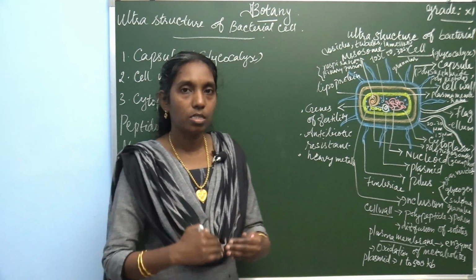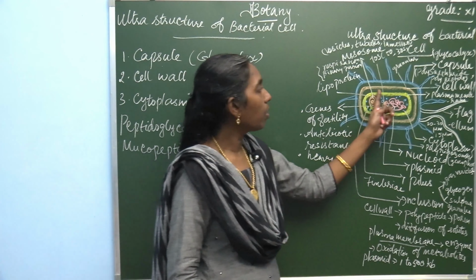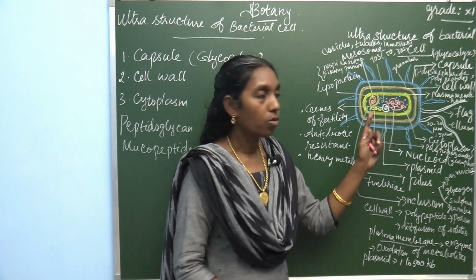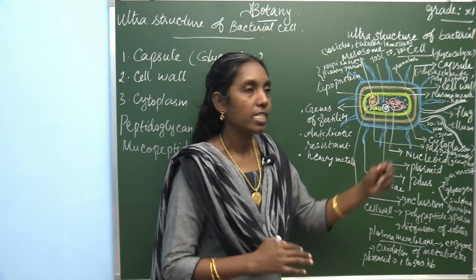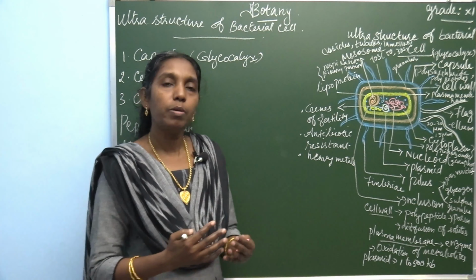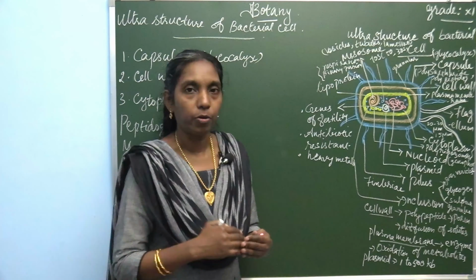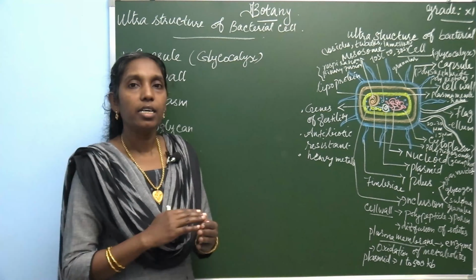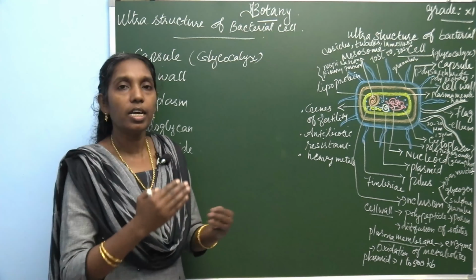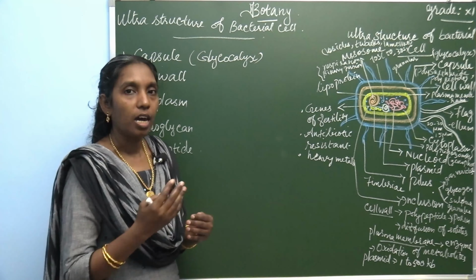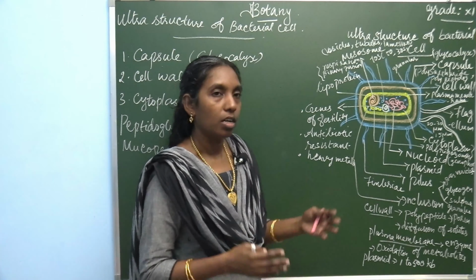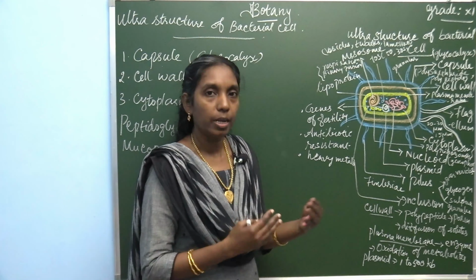Now, inner to this cell wall, there is a plasma membrane. So, outside capsule, then cell wall, then plasma membrane. The plasma membrane is made up of lipoprotein, and it helps the entry and exit of small molecules and ions, ion exchange. As usual, that is the function it performs.